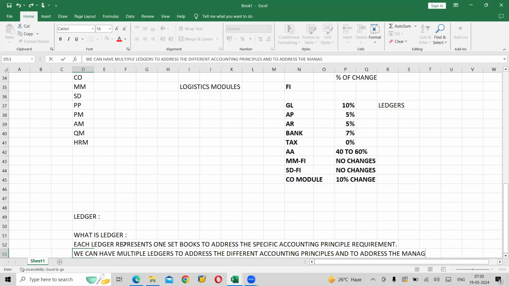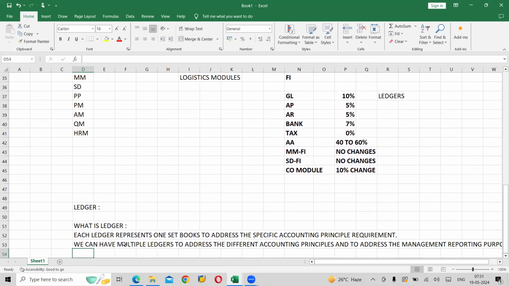All the ledgers are for reporting purpose only. Out of that, few are for external reports, few are for internal and external reports.